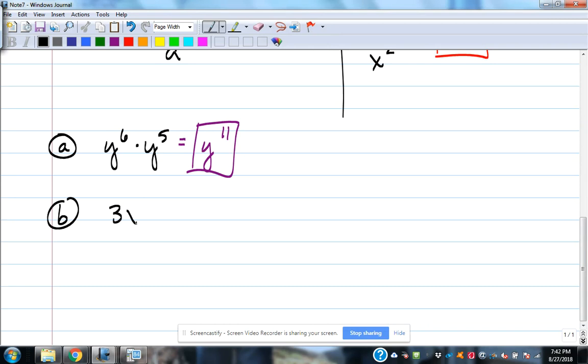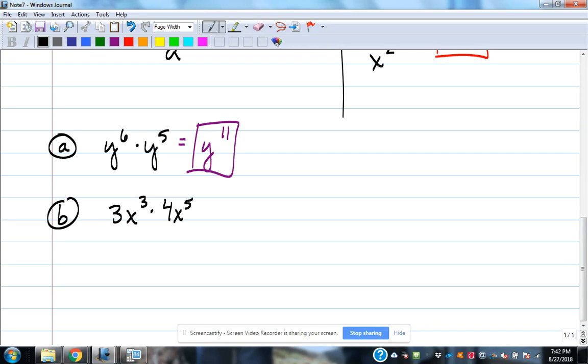What if we throw a number in there? You got 3x to the 3rd, and then times 4x to the 5th. What do we do with this 3 in the front and this 4 in the front? What operation is going on between those two things? Multiplication. So we're just going to multiply.